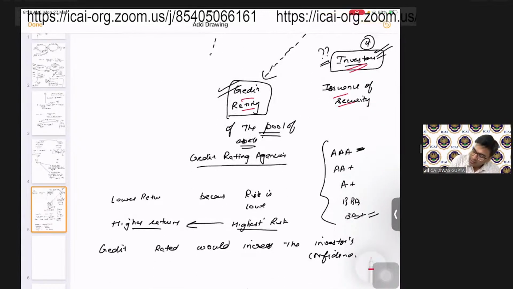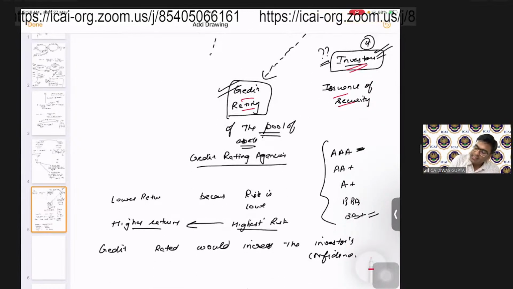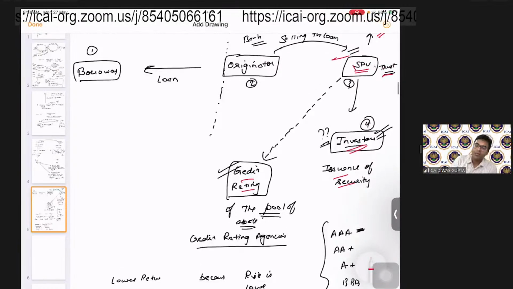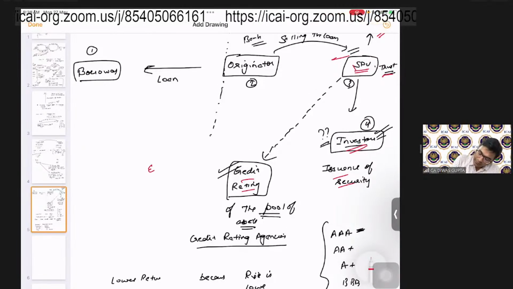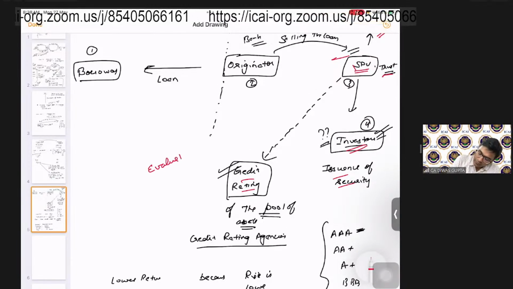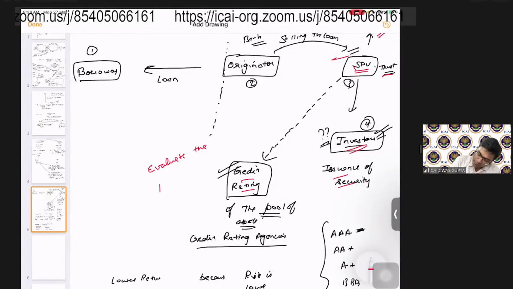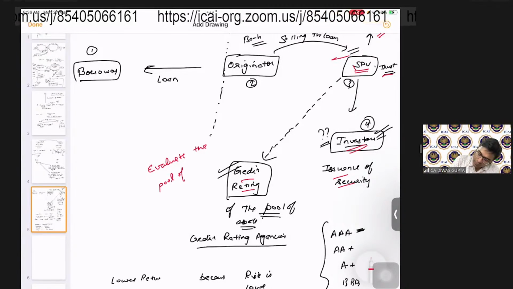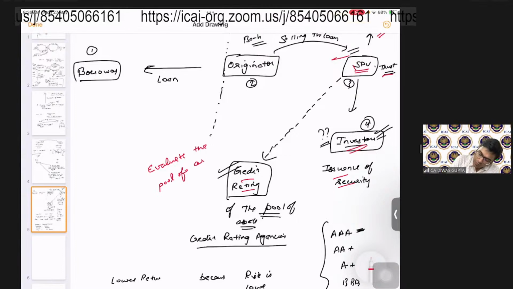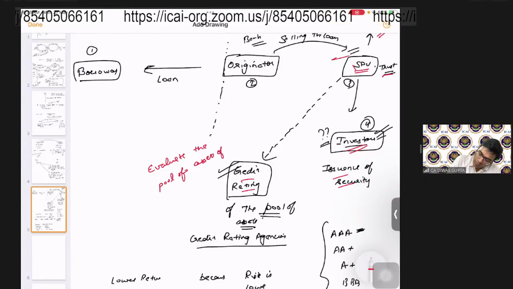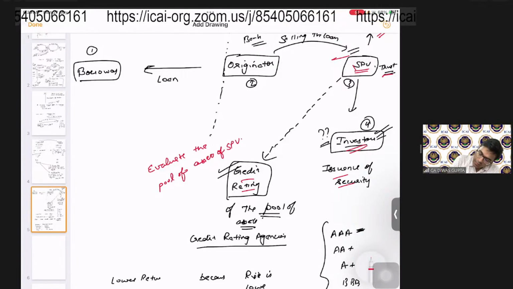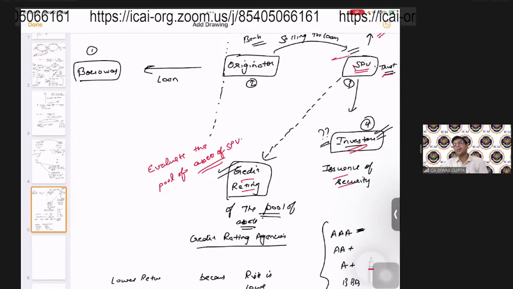So credit rating agencies will help in that process. They will evaluate the pool of assets of the SPV.